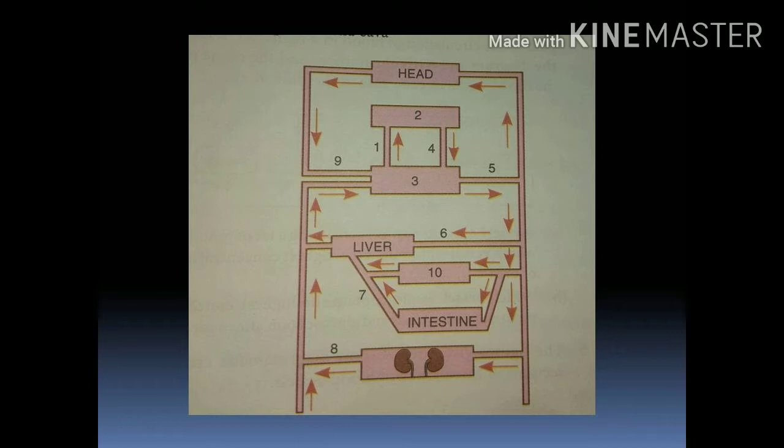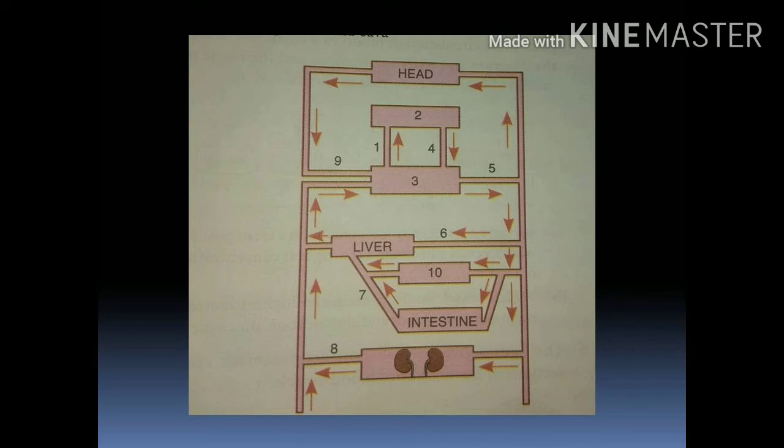Next, number 7 is the hepatic portal vein, because here the intestine is connected to the liver. Hepatic portal vein carries the deoxygenated blood from the stomach and intestine to the liver.